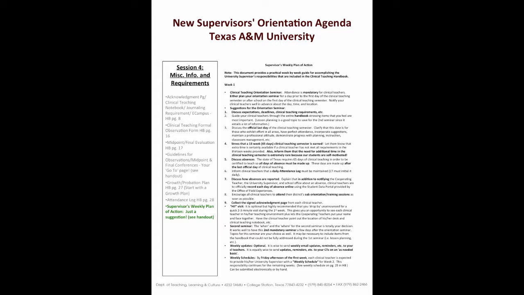Make adjustments as you go that will fit your style of supervision. Just make sure that you are fulfilling all of the basic requirements. Since this document is quite detailed and is an easy read, we will not spend time discussing every single detail. Aren't you glad? We will, however, quickly skim through each main heading so that you will have an idea of the type of information that is included here.